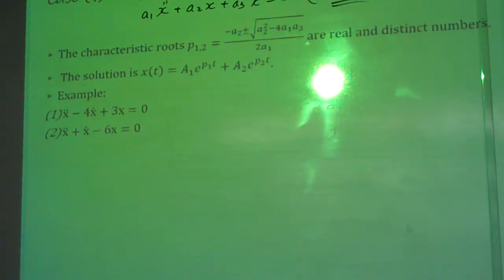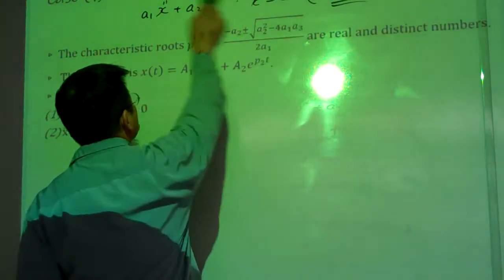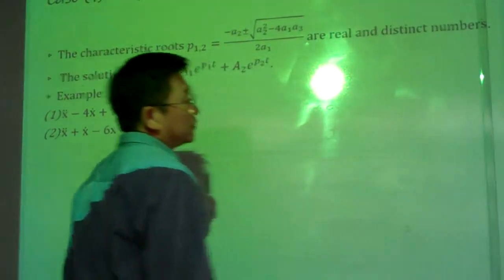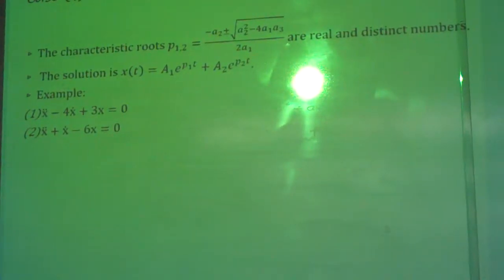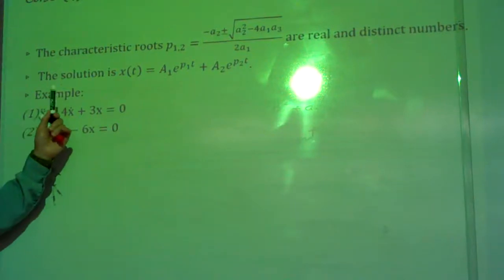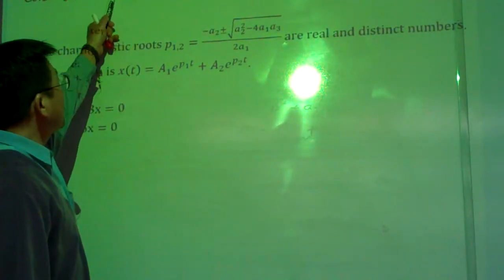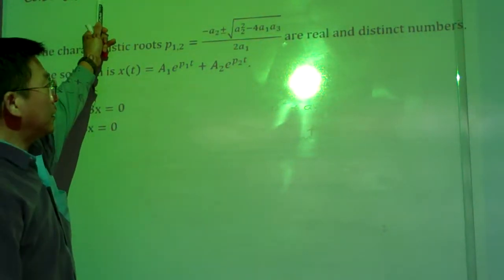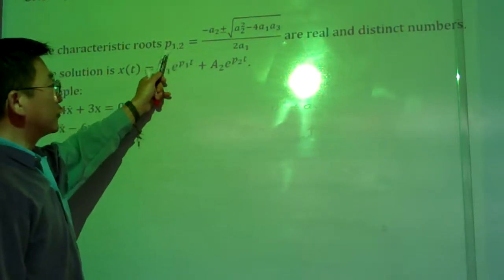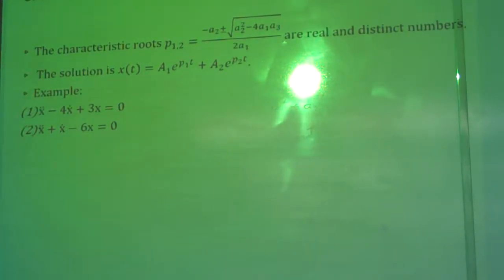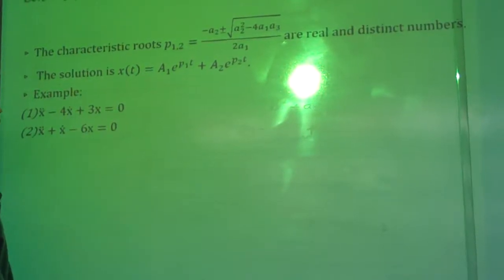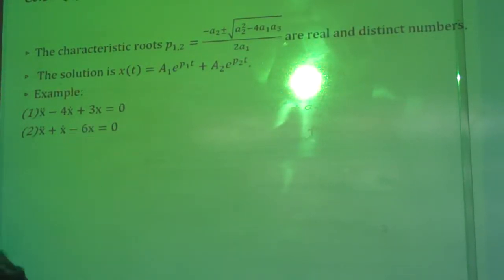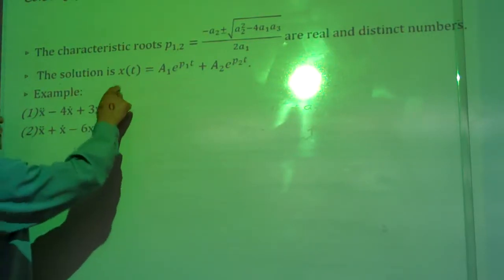And the first case we can look at by going over the slide. So we're going to deal with it case by case. The first one is for this case, as shown there: both roots P1 and P2 are real, and they are different. Okay, so the solution process is equal to this, okay?